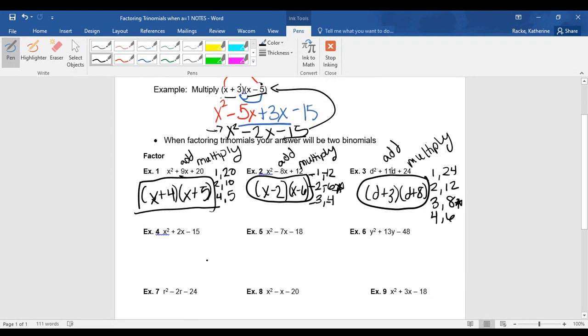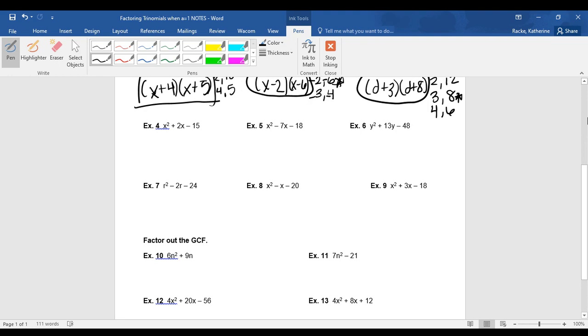All right, for example 4, two numbers that multiply to give us a negative 15, but add to give us 2. So 1 and 15, 3 and 5.